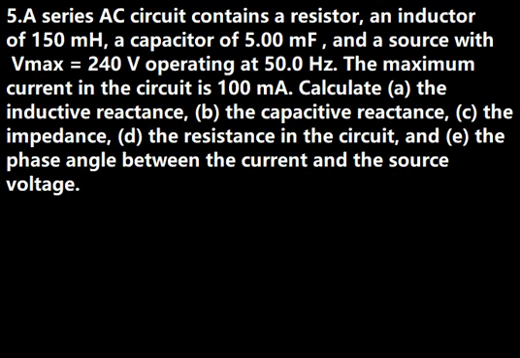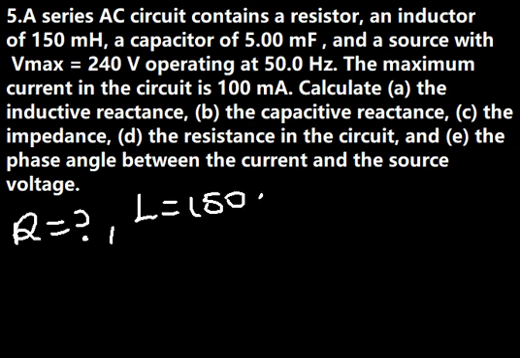And finally, let's have a look at this question. It's a series AC circuit that contains a resistor, an inductor, and also a capacitor. Now what are the given parameters? We have the resistance that we do not know, and the inductance, which is given as 150 times 10 to the power negative 3 Henry.